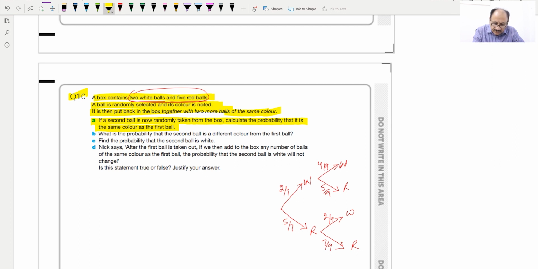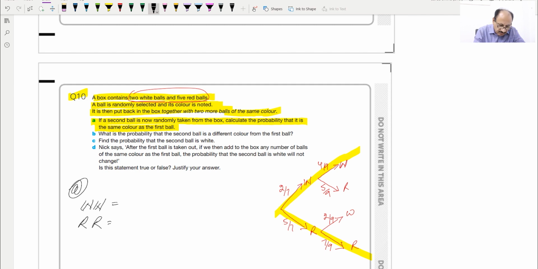So second ball of the same color, it can be white and white, or it can be red and red. These are the 2 options for the same color. So white and white will be this route, and red will be this route. So these are the 2 routes which are available.